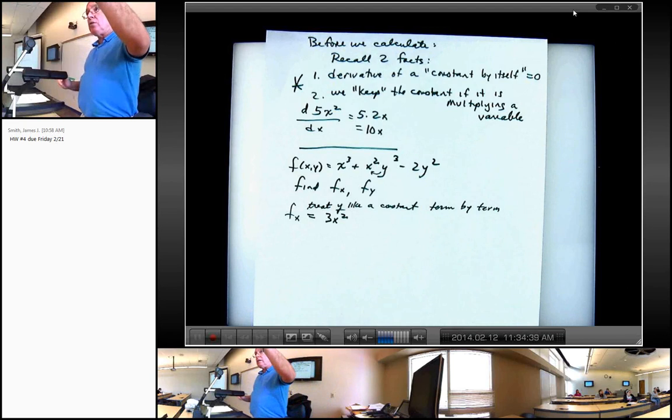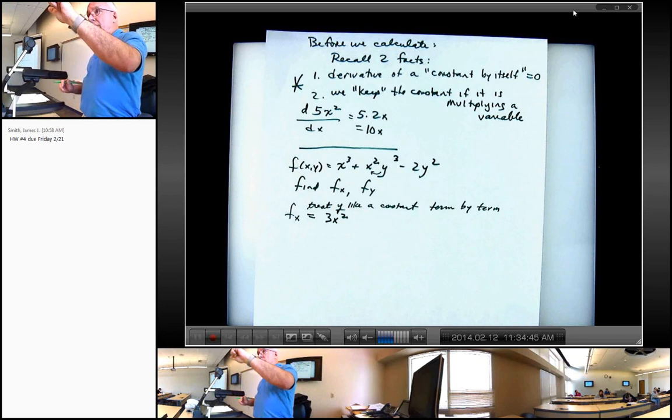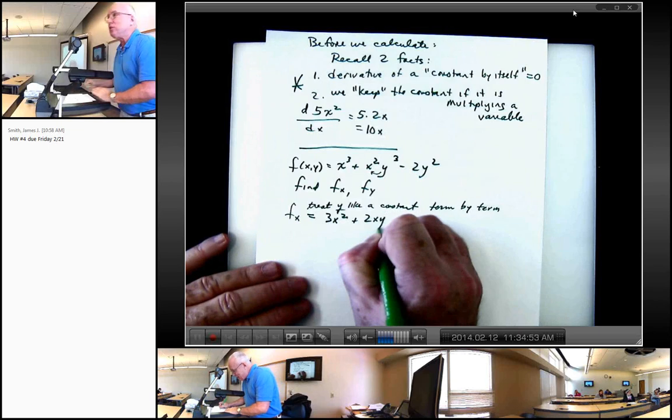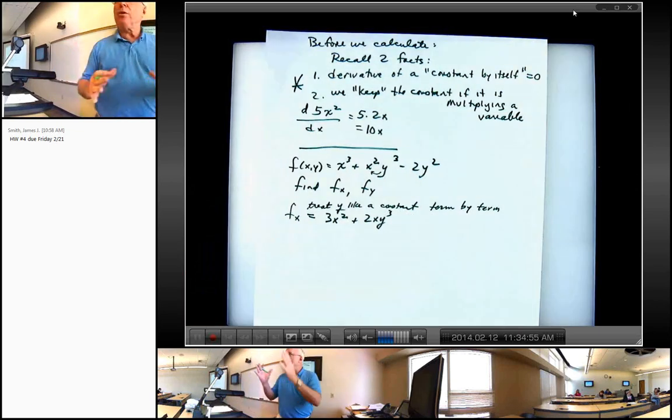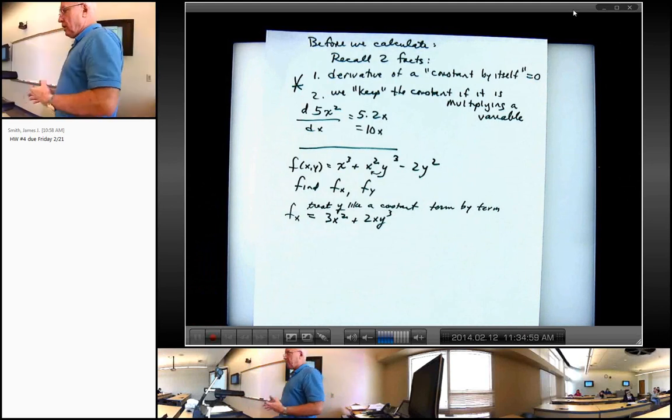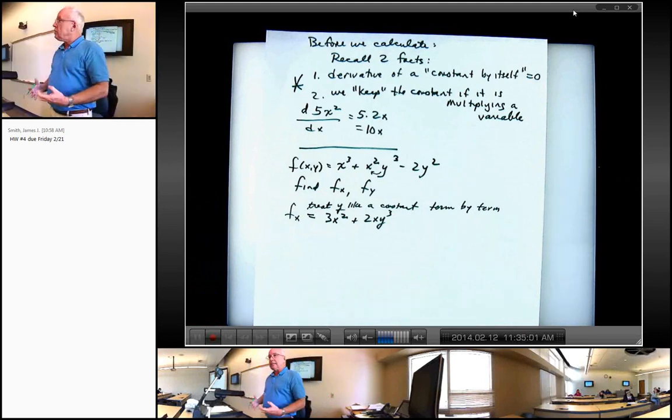Times y to the third, well, wait a minute, we reduce the exponent of the x by 1, so we're still going to have an x there, right? X squared is going to go to 2x. So 2x, y to the third. The y to the third is going to basically remain unscathed, so to speak, but it's got to still be there.